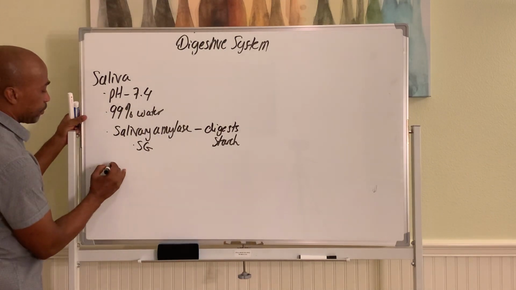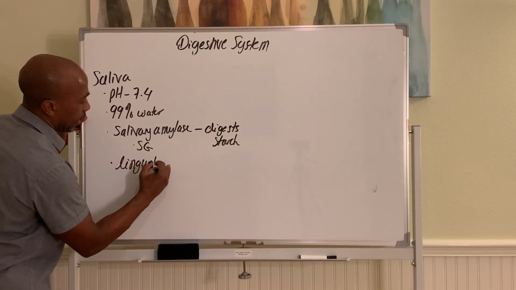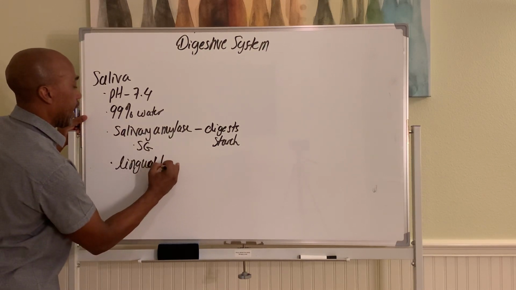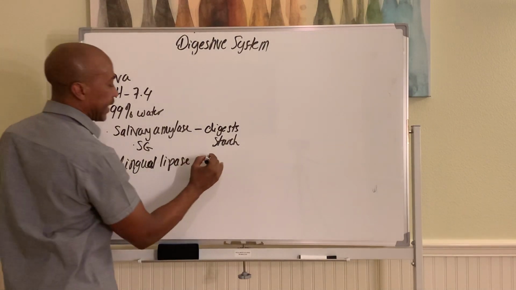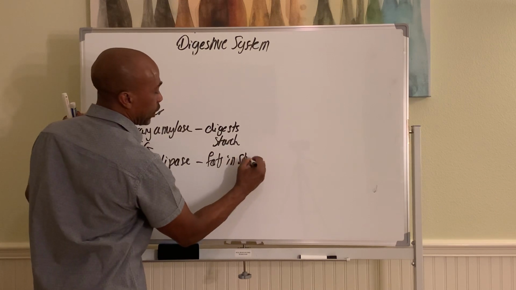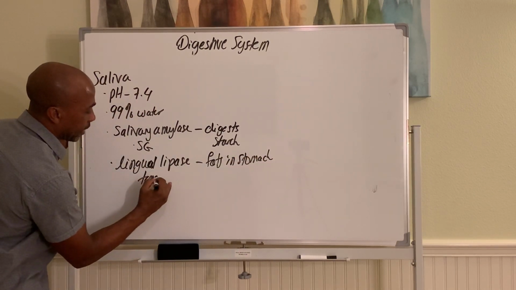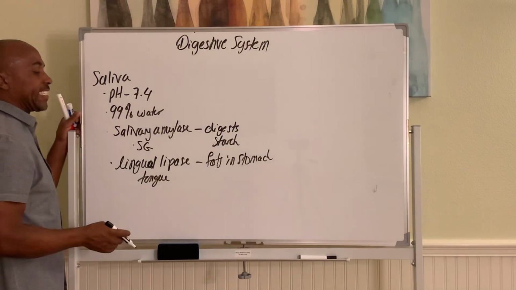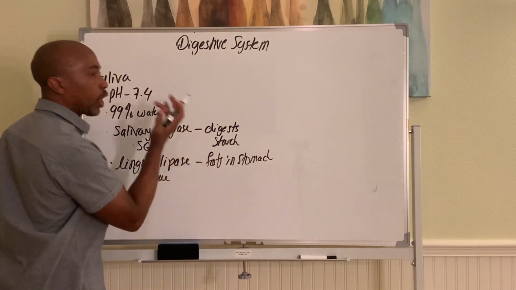Then you also have lingual lipase. Okay. This one breaks down fats for you. Even though it's made by the tongue and released in the mouth with saliva, it works once you swallow it and it gets to the stomach.